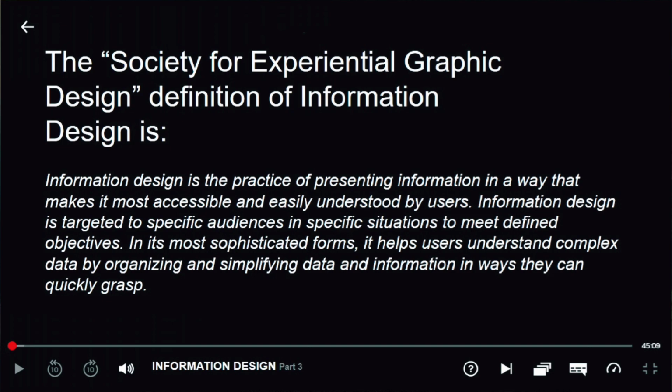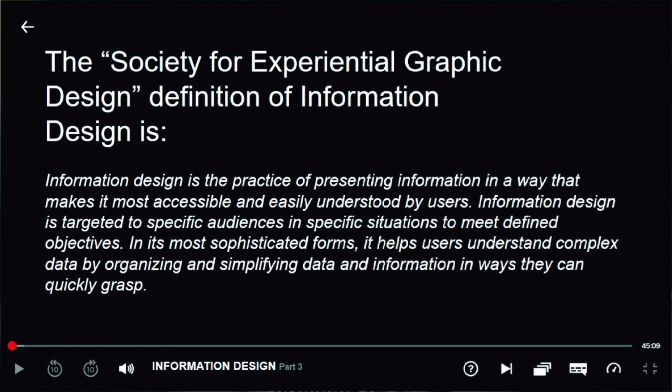Then next, the Society for Experiential Graphic Design definition of information design is the practice of presenting information in a way that makes it most accessible and easily understood by users.